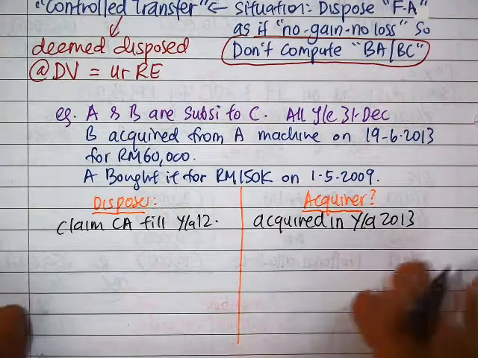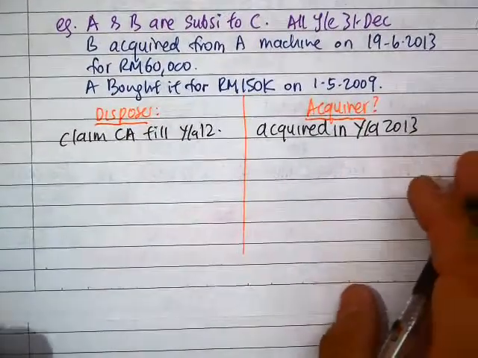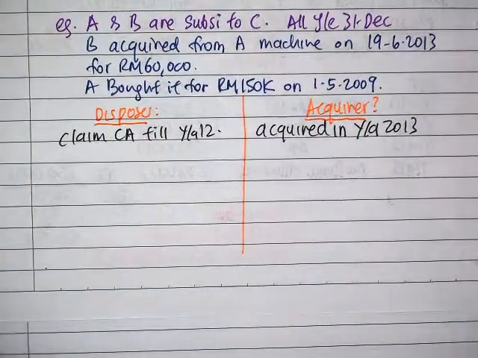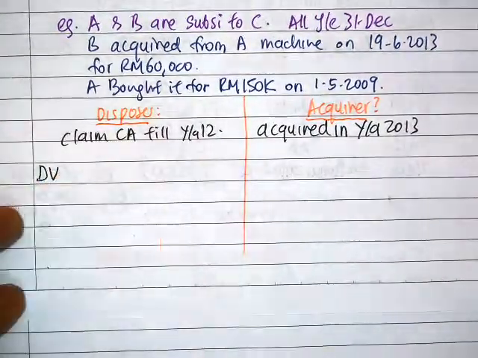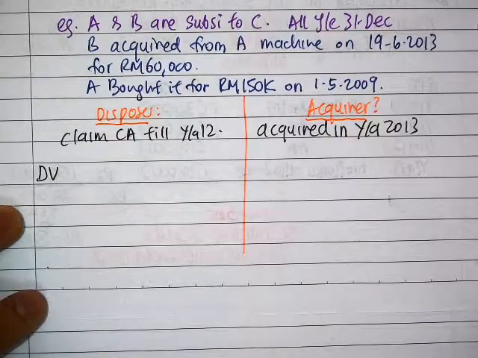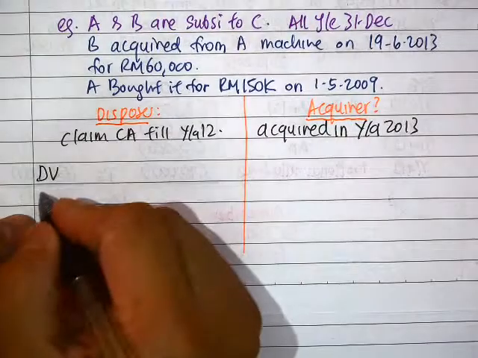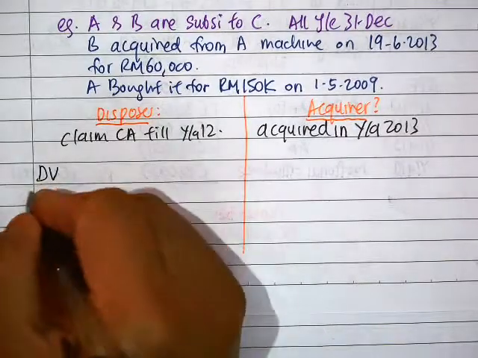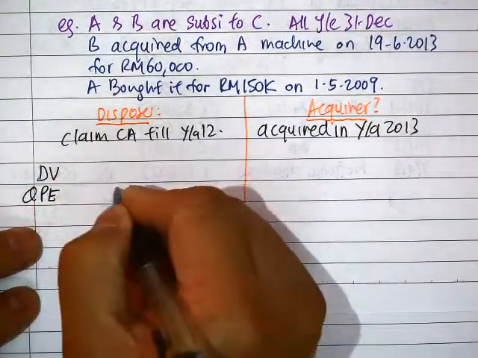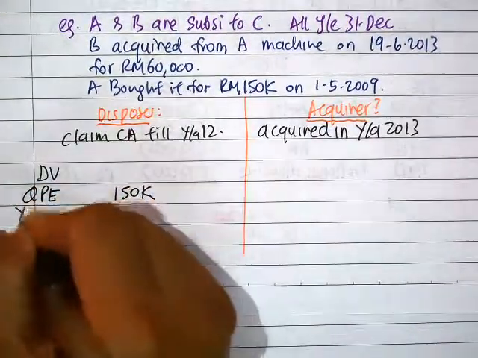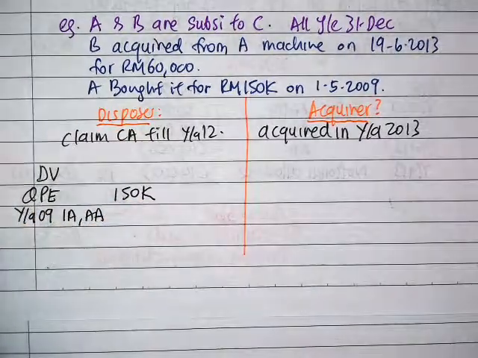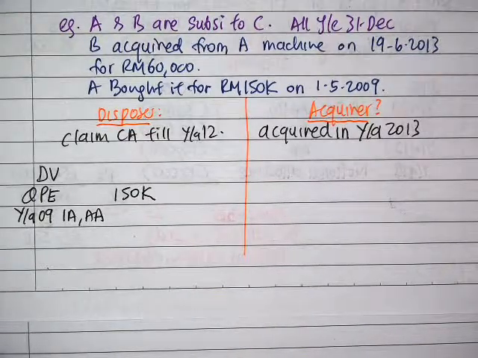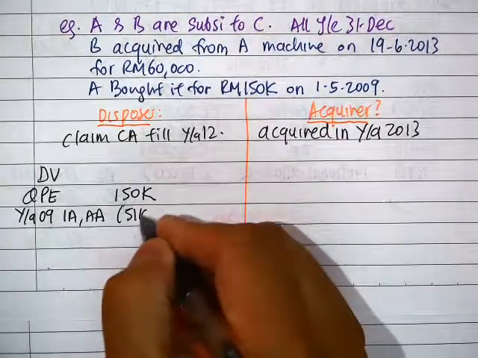Now if you're going to do a BA/BC calculation, the normal BA/BC calculation, then you take the disposal value and calculate what's your RE. Your RE will be QPE 150. Now Y2009 you got IA and AA, which is 20 plus 14, 34%, so 51,000.